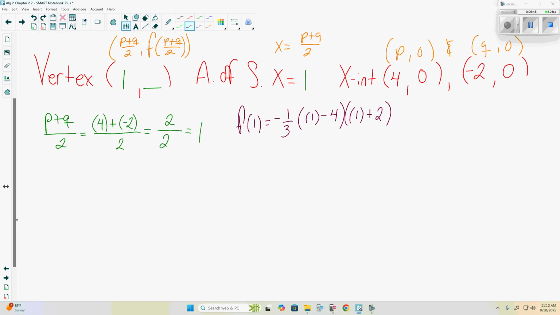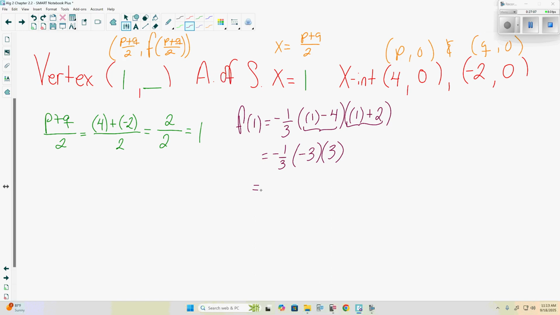And at this point, you can stick that whole thing in the calculator just like it is written, and it will do it for you just fine. If we do this by hand, 1 minus 4 is negative 3. 1 plus 2 is 3.